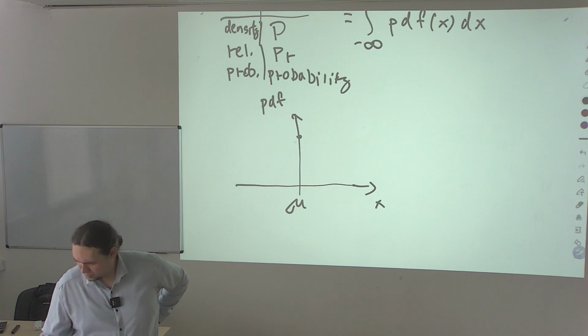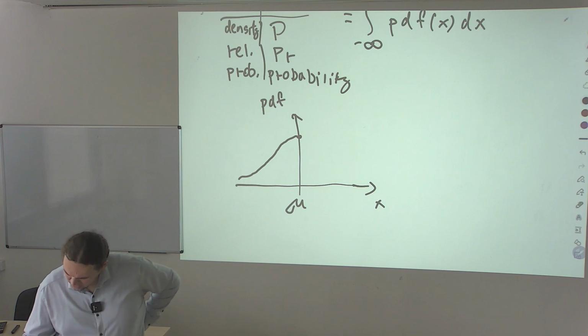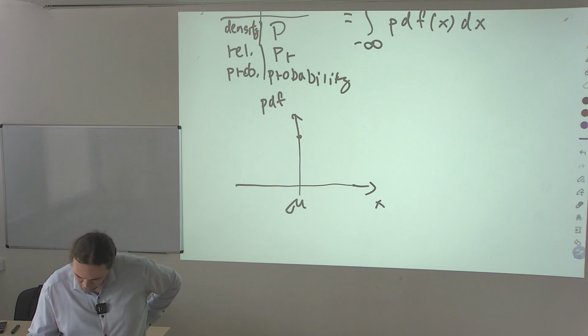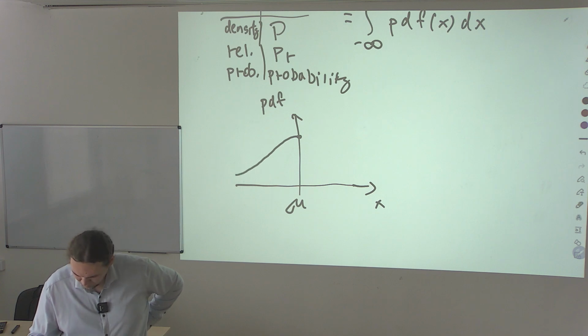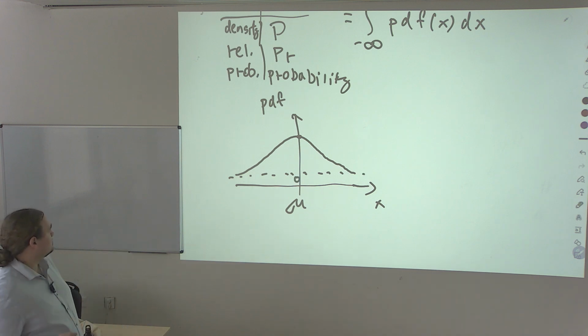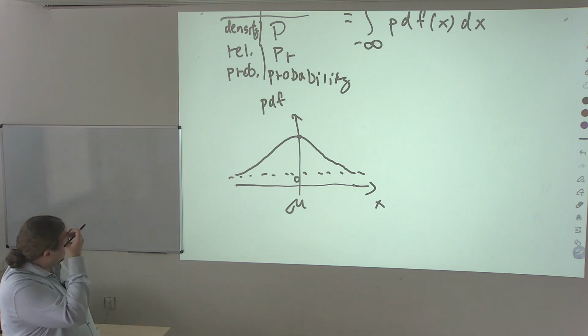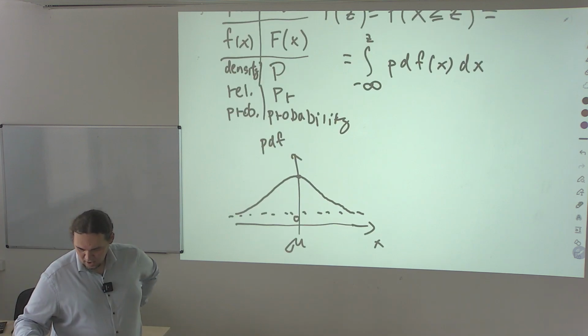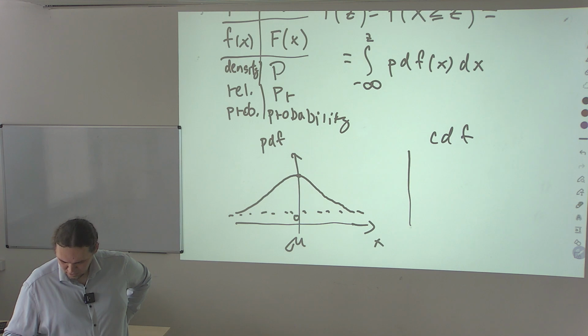Well, this function would look something like this. It would tend to zero at -infinity and +infinity. And now we will construct our CDF function.